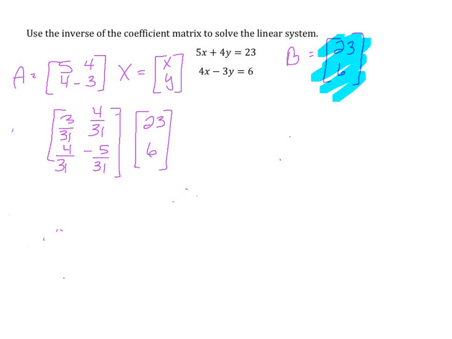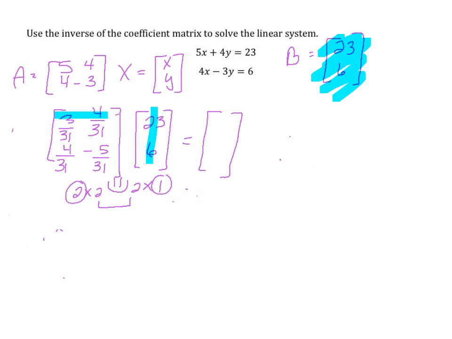So again, we have a 2 by 2. We're going to multiply that by a 2 by 1 so we can multiply since their middles match. And we're going to end up with a solution set of another 2 by 1. So we're going to multiply our top by the first column there.